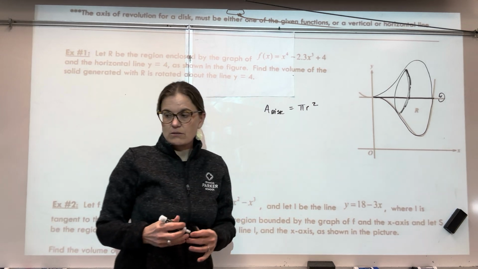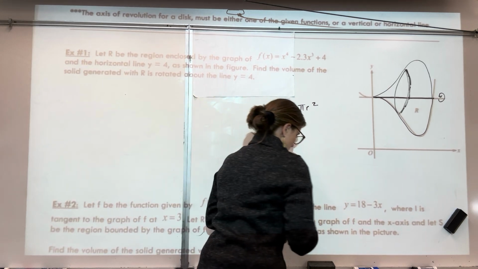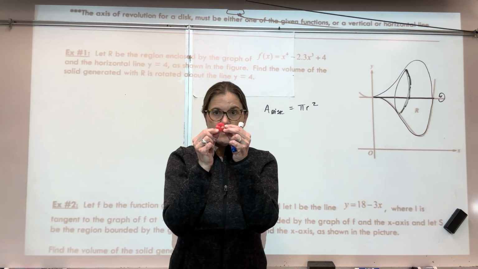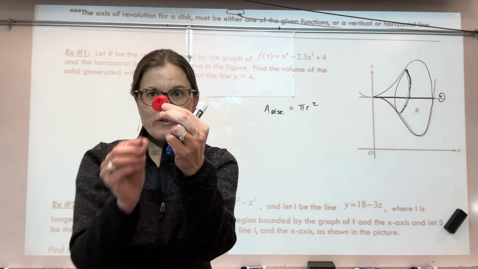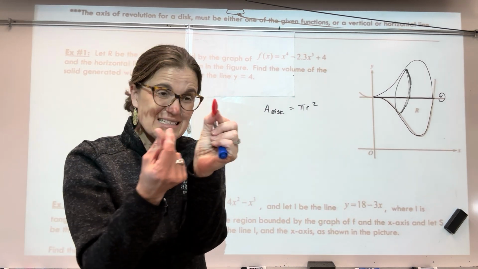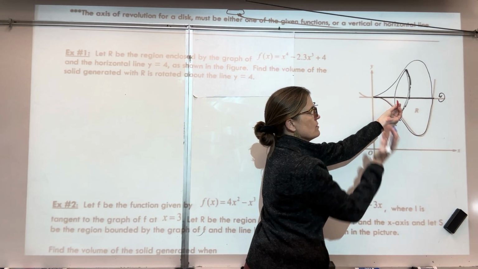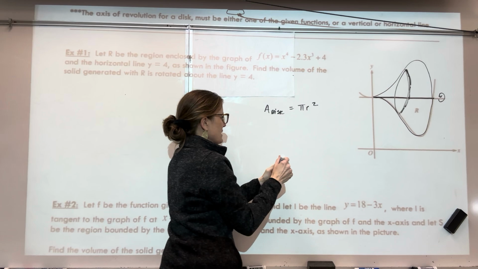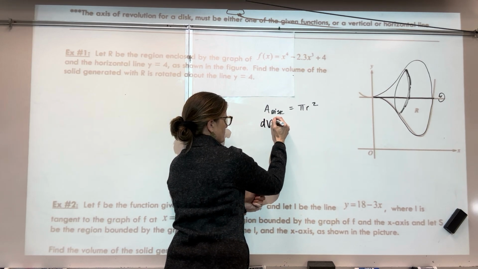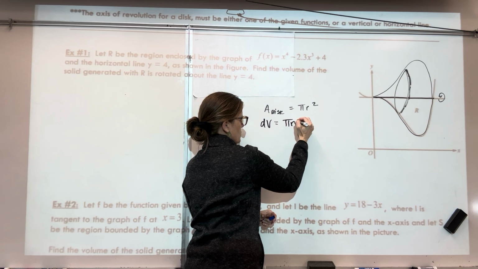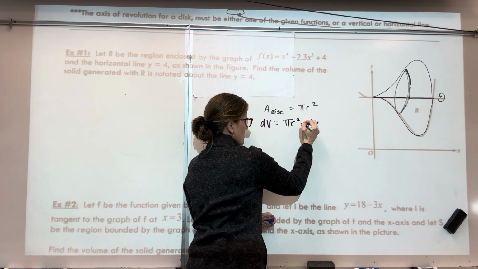Then you think about the volume of one of those disks. So there was the area. I'm sure you can't see, but if you turn it on its side, there's a slight thickness to this slice. And so you can imagine that if you're going vertically, that will be a dx. If you're going horizontally, that will be a dy. So this will just be pi r squared times the thickness, dx.